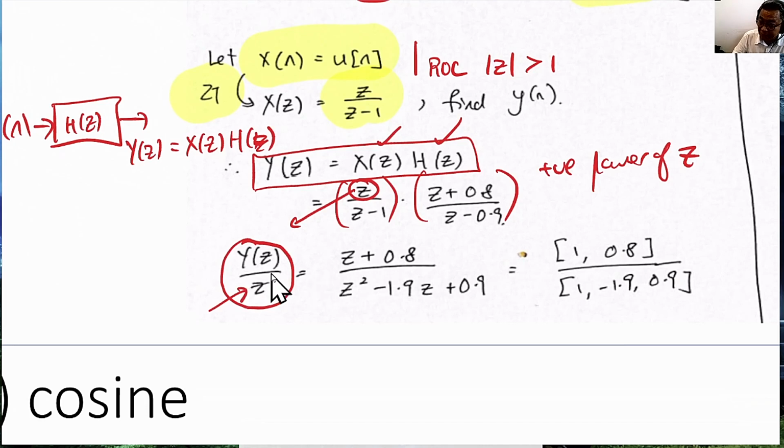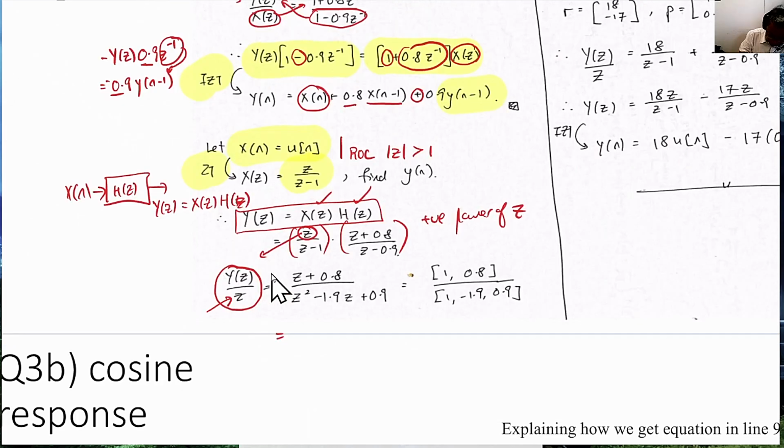Let's now perform the partial fraction expansion to get an expression that looks like A over z minus 1 plus B over z minus 0.9. You will see why these values of the pole later.